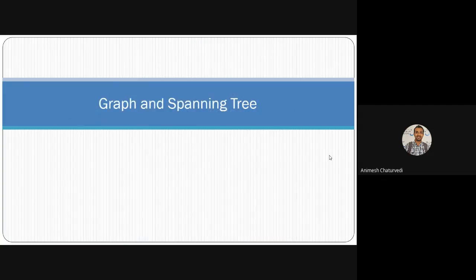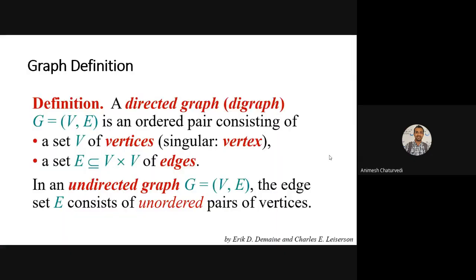Graph and spanning tree. First, we have to understand these two things before we go for understanding minimum spanning tree. So graph definition, as we all know, there are two kinds of graphs: directed graph and undirected graph.